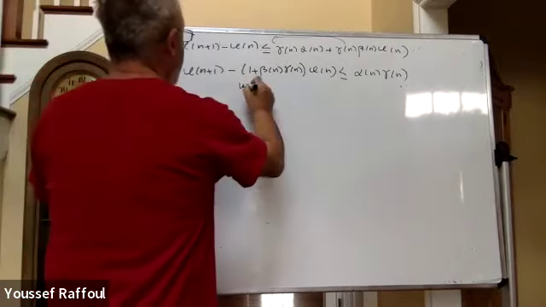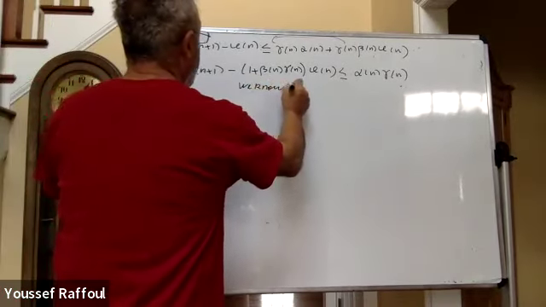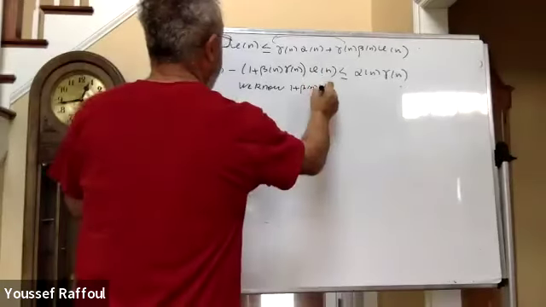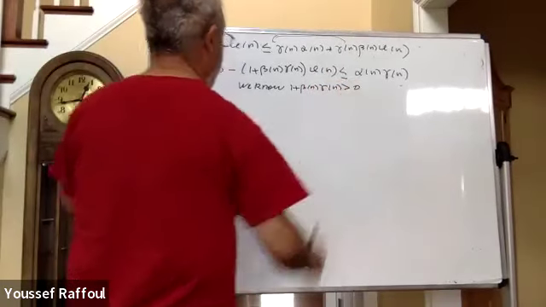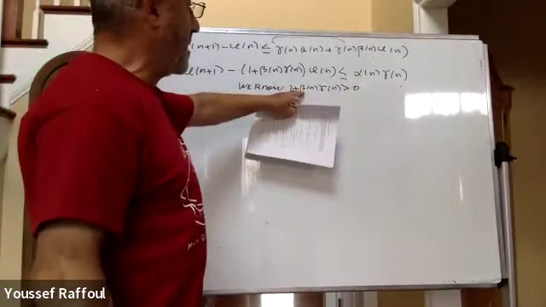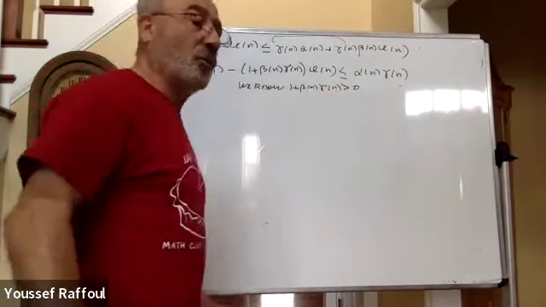Now, we know 1 plus beta n gamma n is positive because beta is bigger or equal to 0, gamma is bigger or equal to 0.